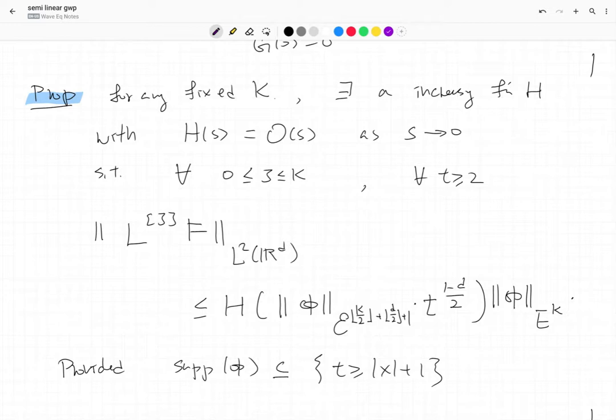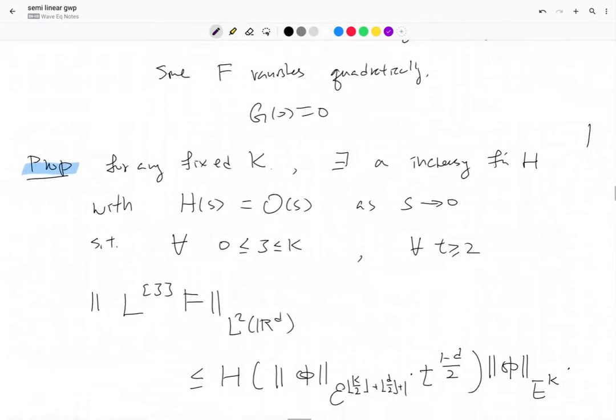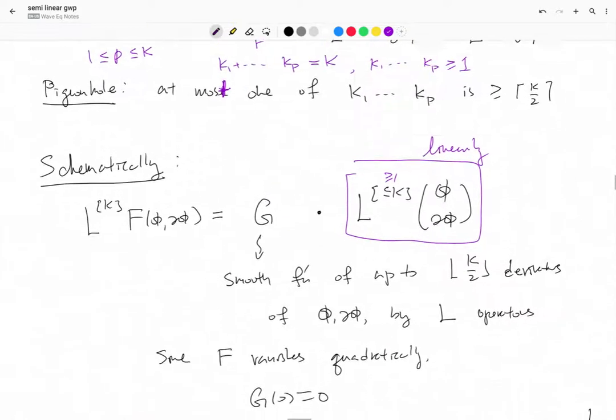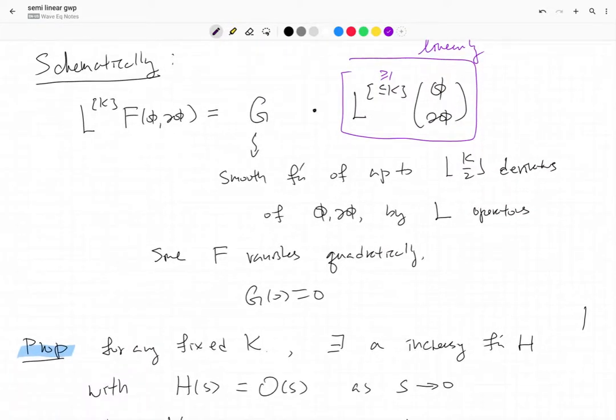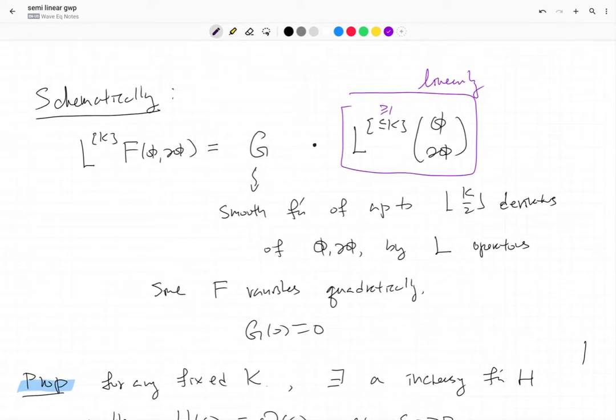So let's see how this relates to what we have written down earlier above. Look at this schematic expression that we have written down here. Let me erase some of the things, and then we'll copy and paste it so we can do some annotation.